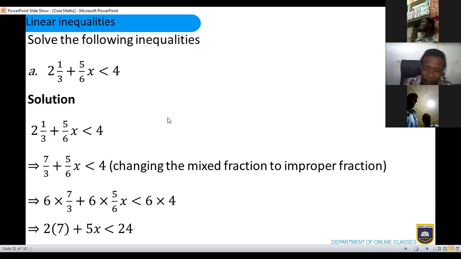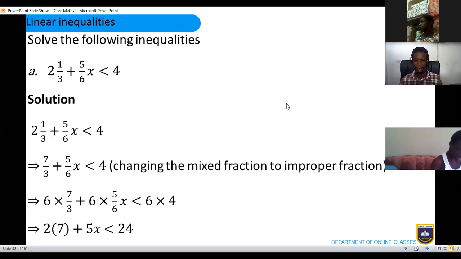Can someone tell me what an improper fraction is? Please, what is an improper fraction?